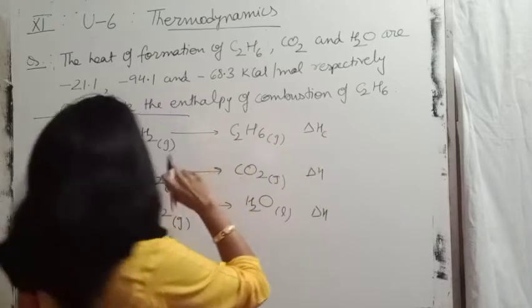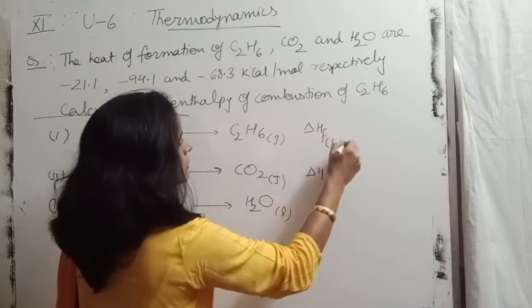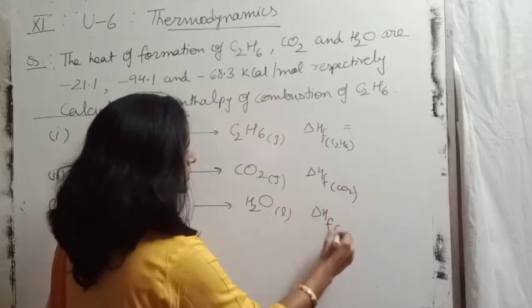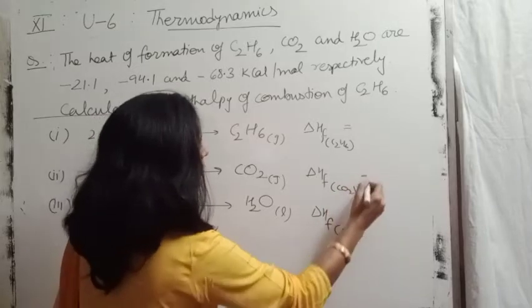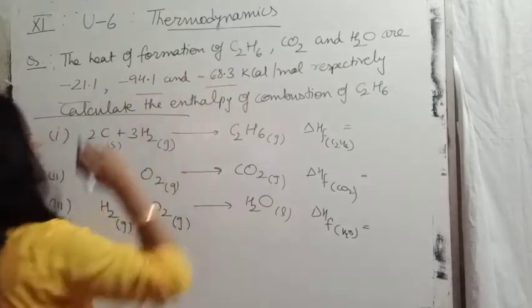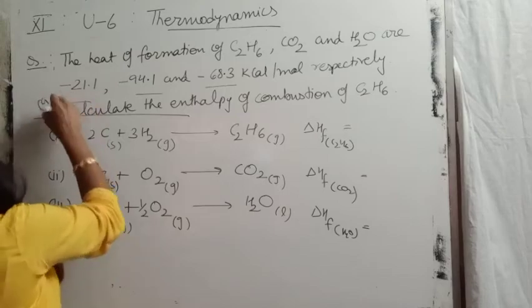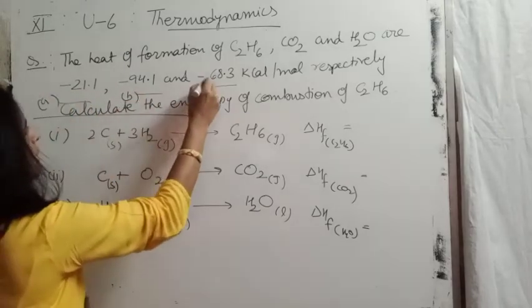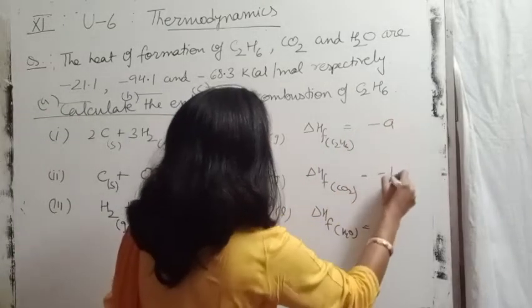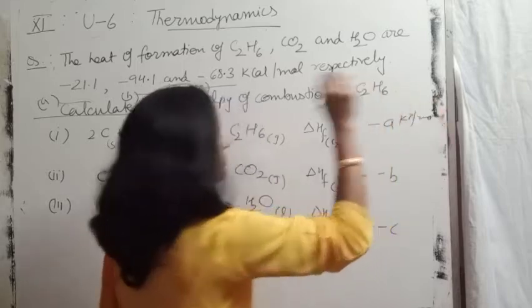Delta H formation for C2H6, this is delta H formation for CO2, this is delta H formation for water. Write all the values here, these are given. I'm assuming these are A, B and C. So this is minus A, B and C, all in kilojoule per mole.